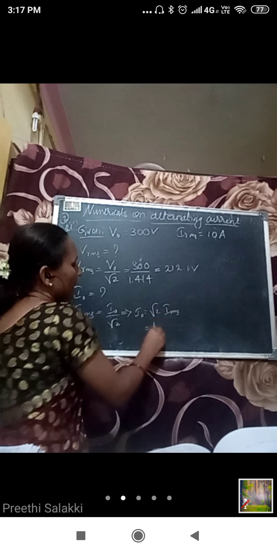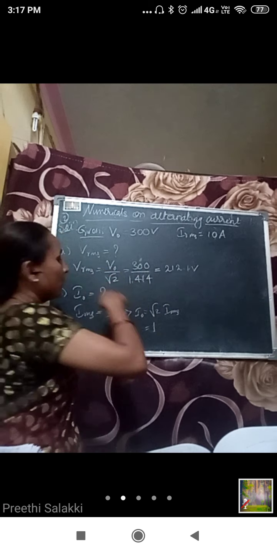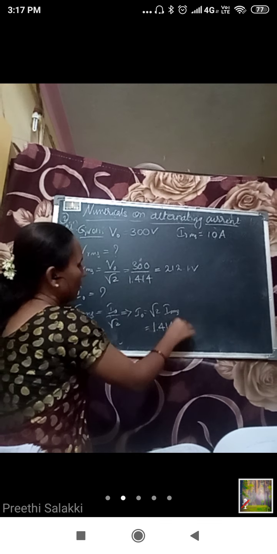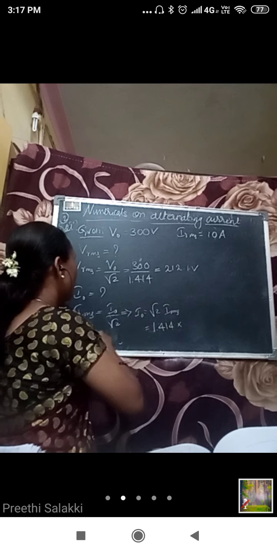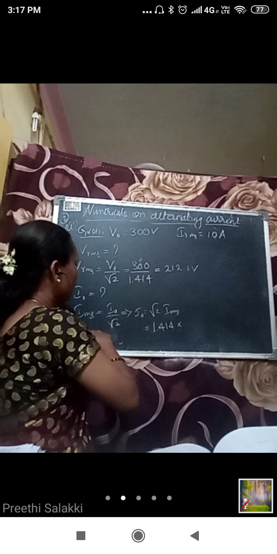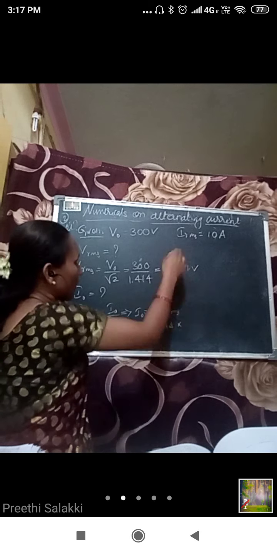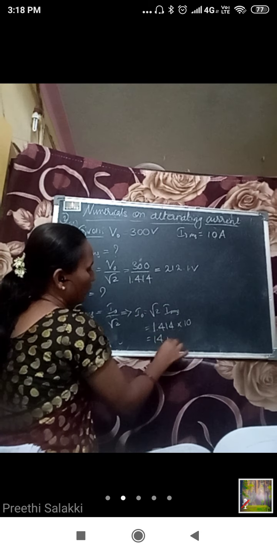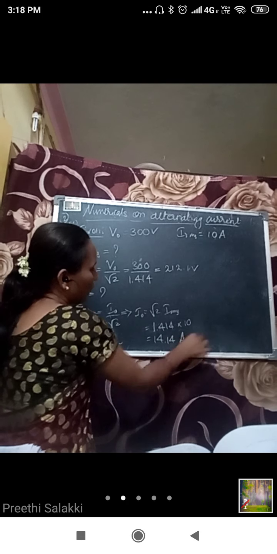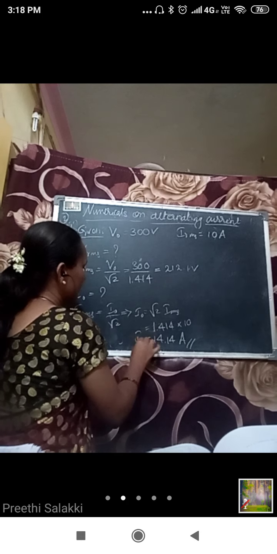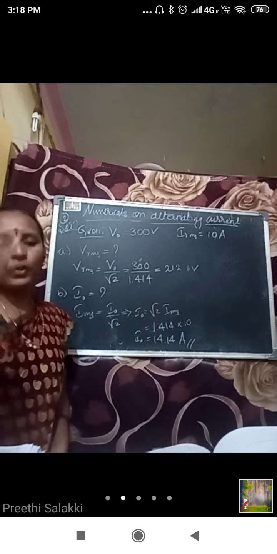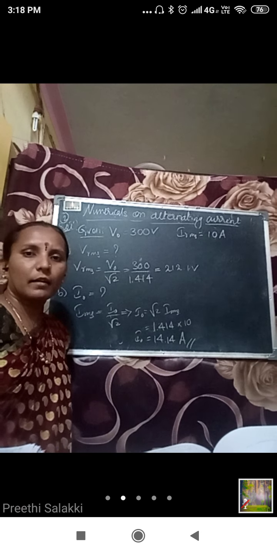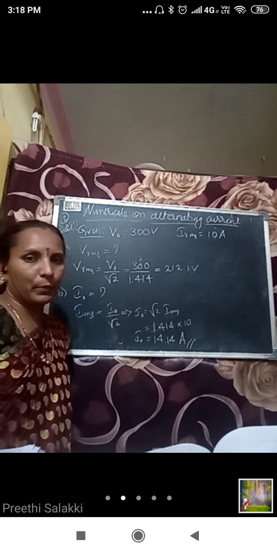Just now I said you can remember the value of root 2, commonly 1.414, into your given IRMS of 10, so it becomes 14.14 ampere. Peak current is 14.14 ampere.